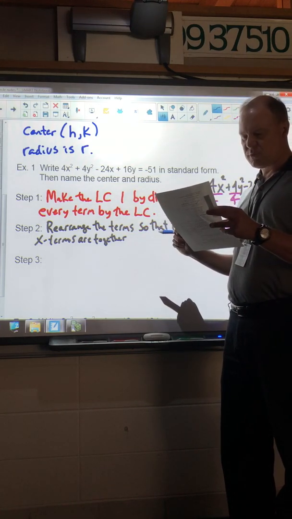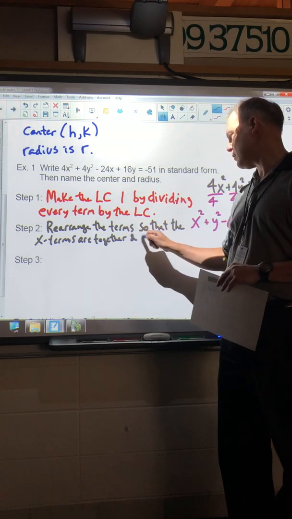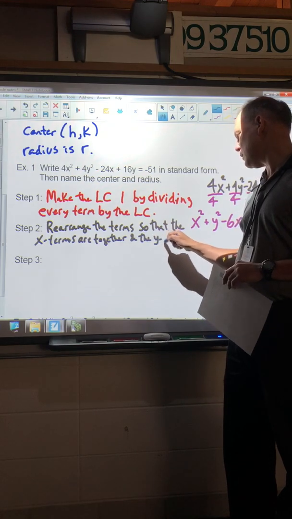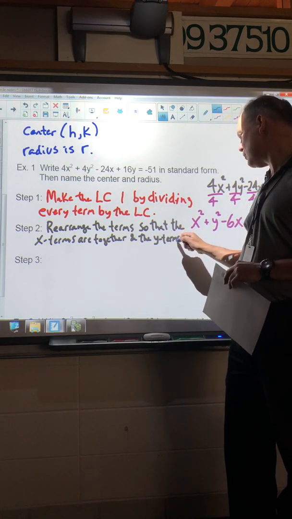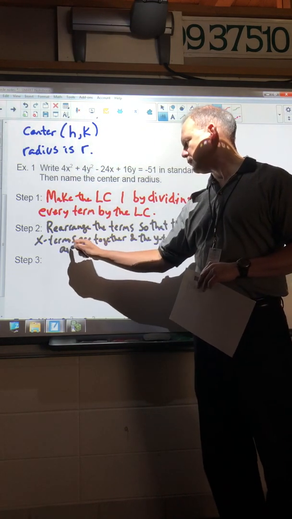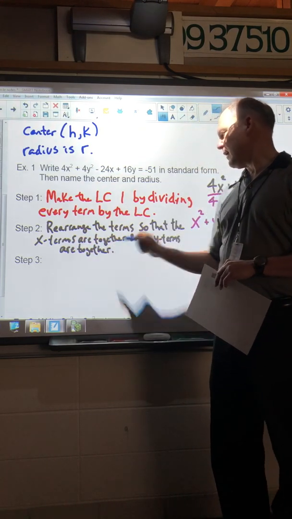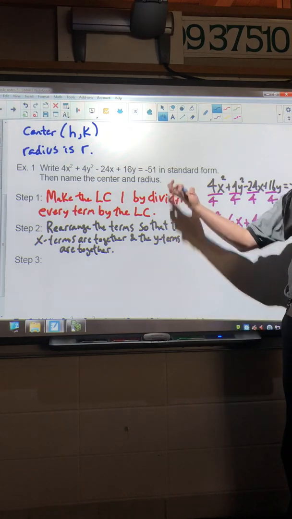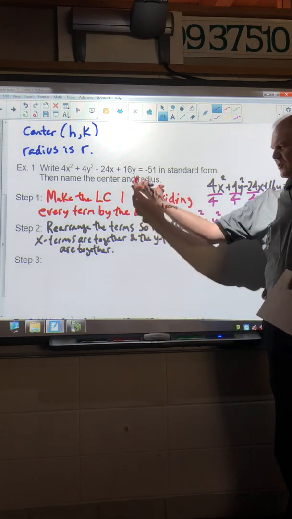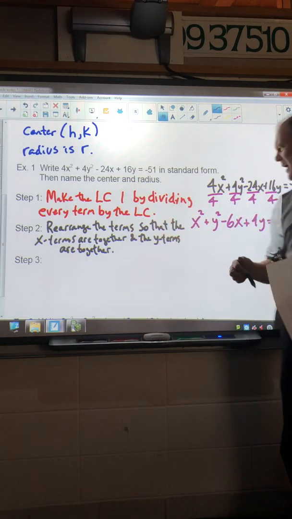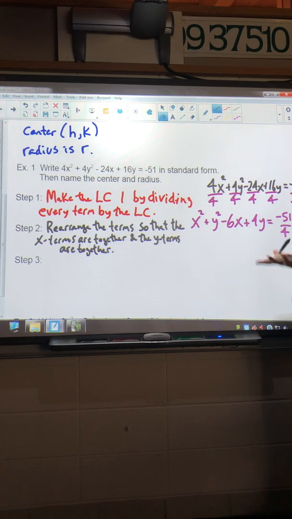And the y terms are together. After you do a few of these, you'll probably start to do steps 1 and 2 at the same time. I just want to show you what that looks like.